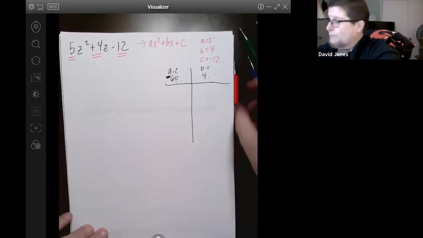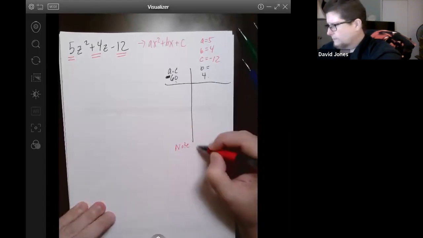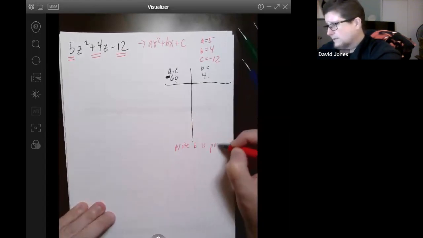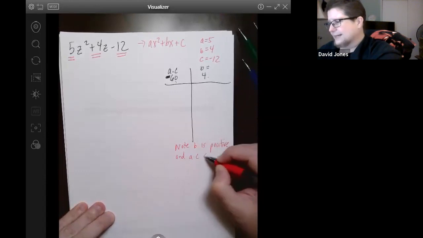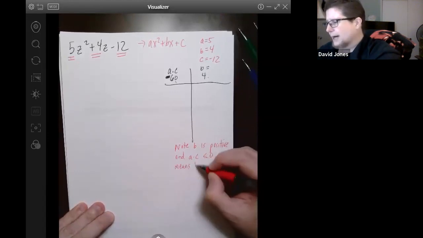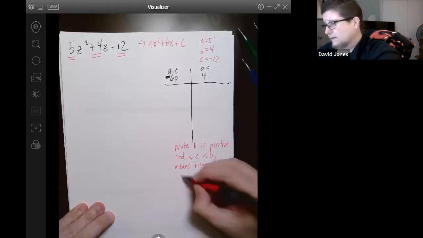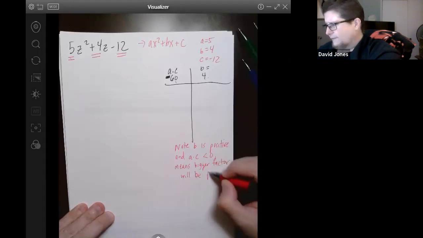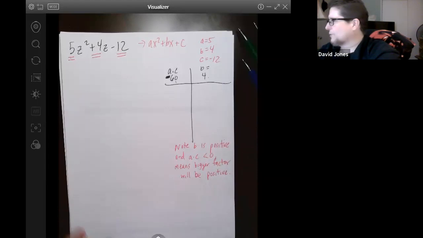So note B is positive. And A times C is negative, or less than 0, which means the bigger factor will be positive. And if that doesn't make sense, just stop and think about it, and you'll see on the list while we're going through it what happens.